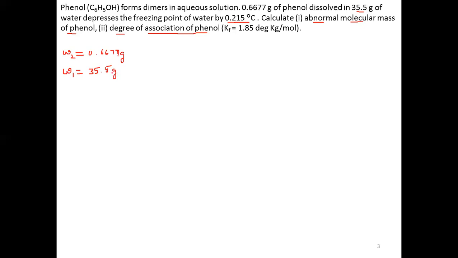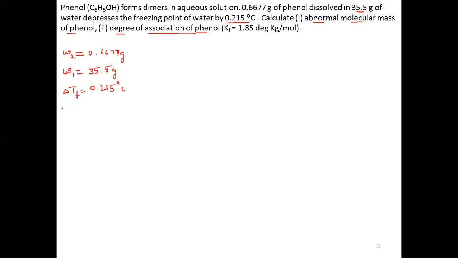What else is given? We are given the depression in freezing point, delta Tf, because the statement says that the solution depresses the freezing point by 0.215 degrees Celsius.